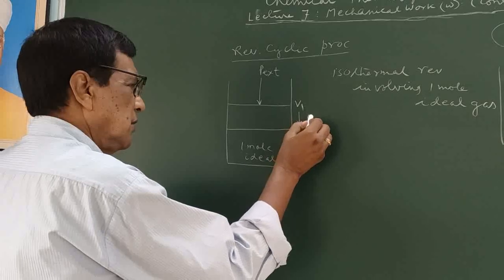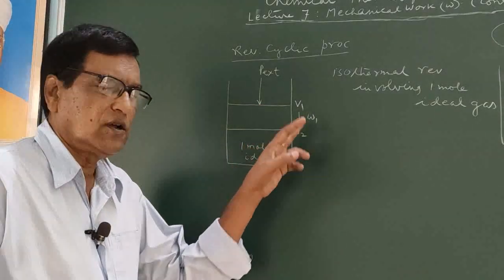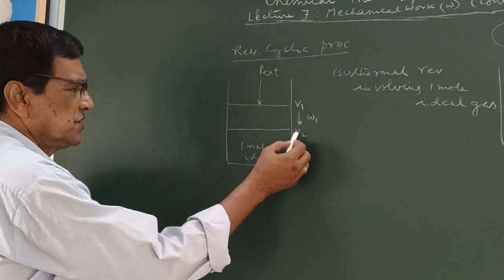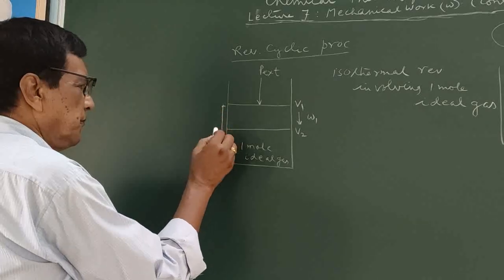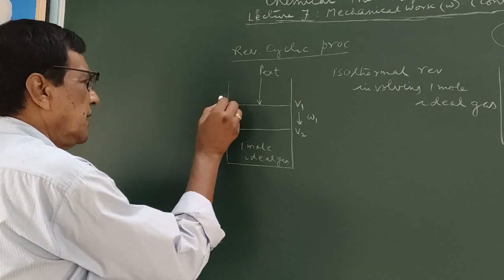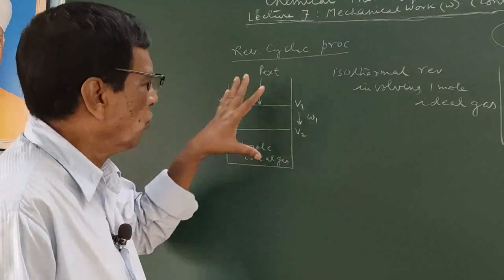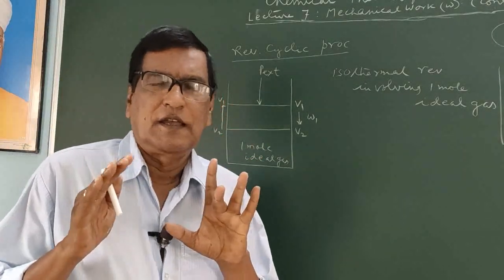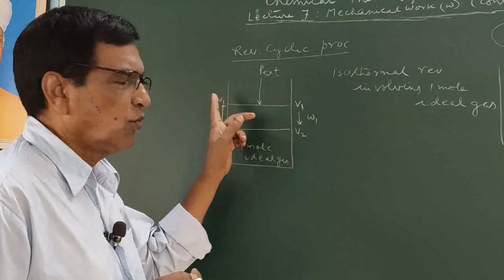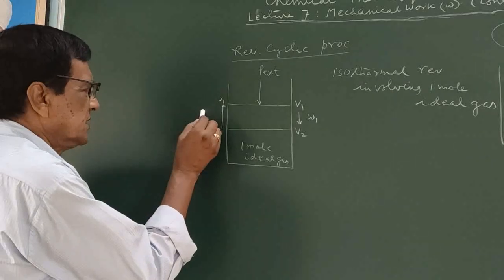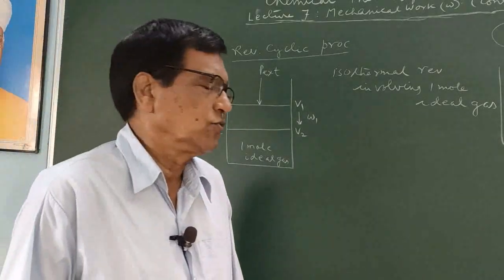This is W1, compression, meaning work done on the system, and it comes to V2, and whenever it goes from V2 to V1, this cycle is complete. Means the whole process consists of one compression and one expansion. In this case, suppose the work involved is W2.